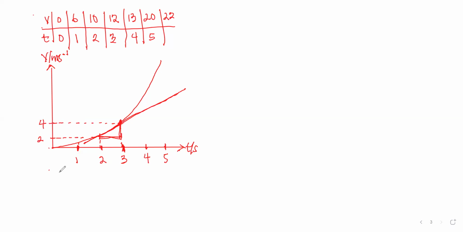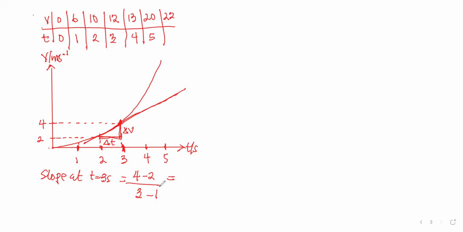So it means change in velocity against change in time. So that slope at time t equal to 3 seconds is equal to change in velocity, which is 4 minus 2, over change in time, which is 3 minus 1.